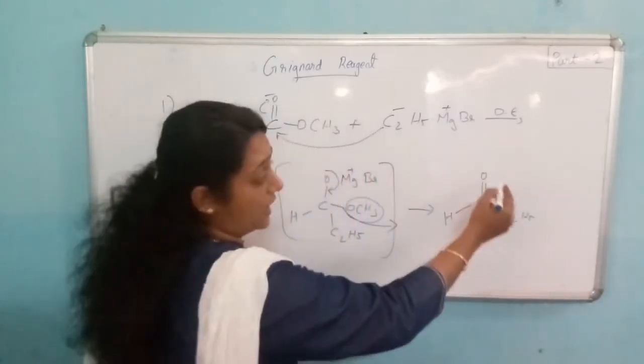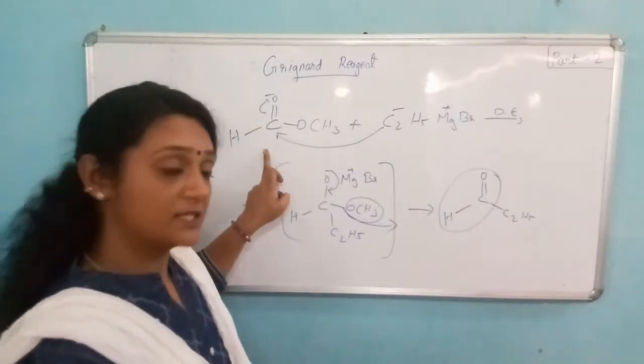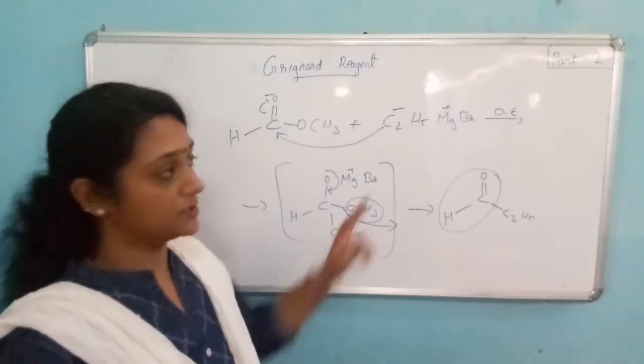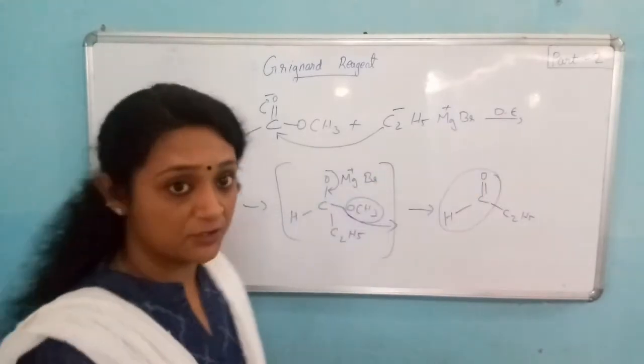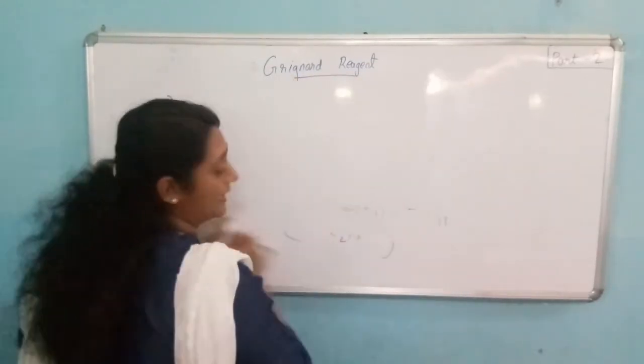This is an aldehyde group, right? Yes. From formate ester we get the product aldehyde when treated with Grignard reagent in presence of dry ether.